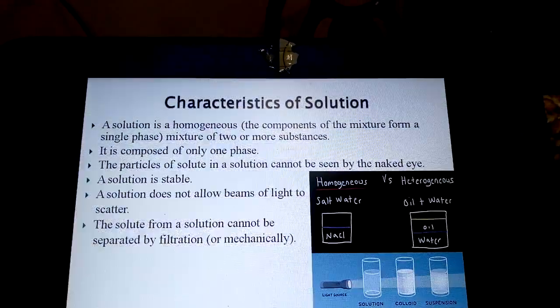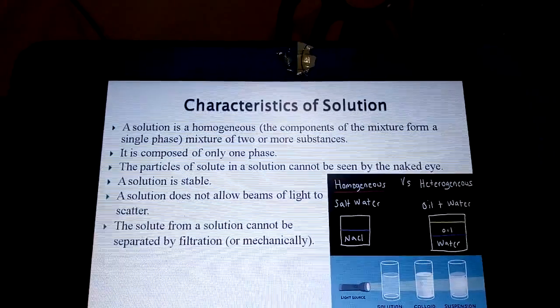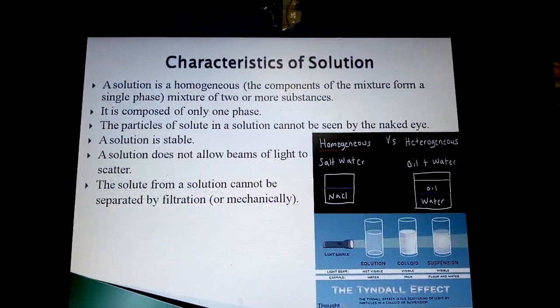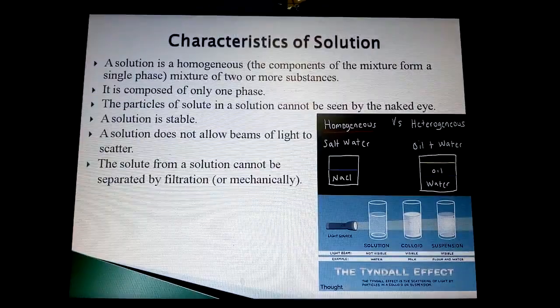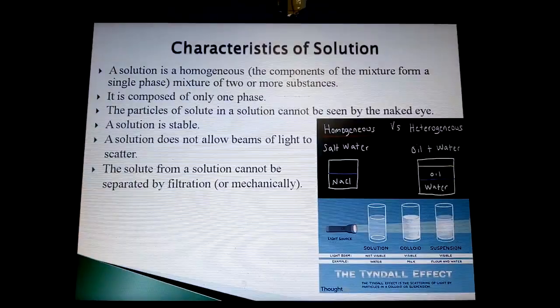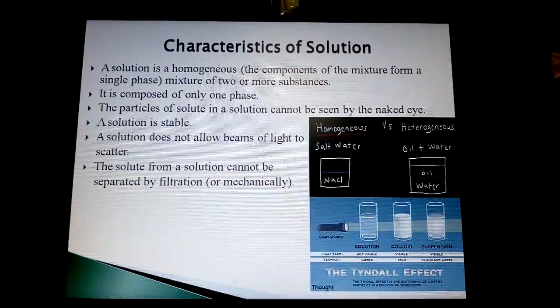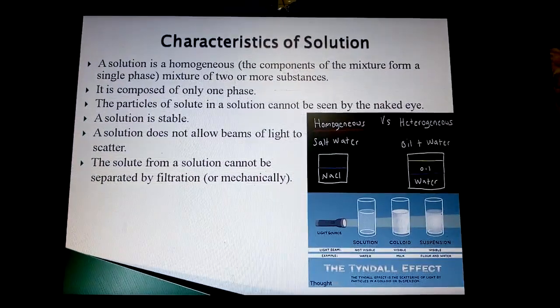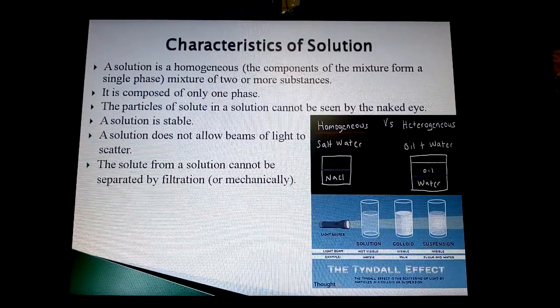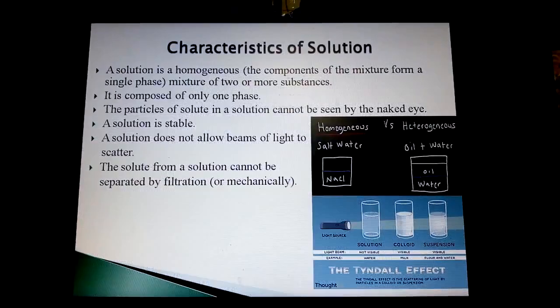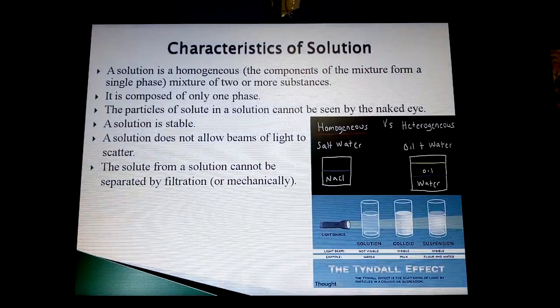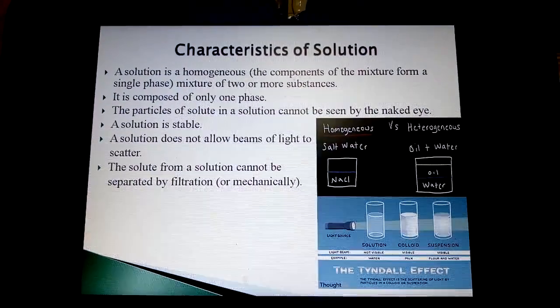For example, if we dissolve NaCl in water and we pass light through that solution, we cannot visualize the solute particles within the solution, while in a colloidal solution, we can take the example of milk. If we pass light through that, these particles can be visualized.